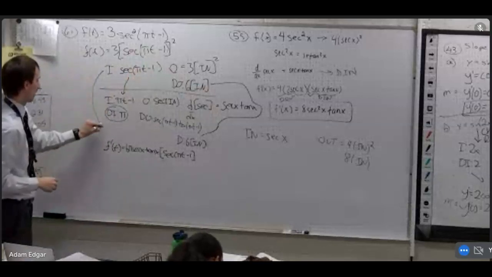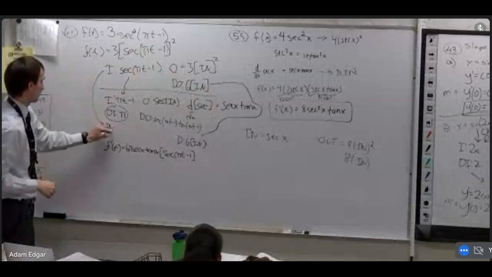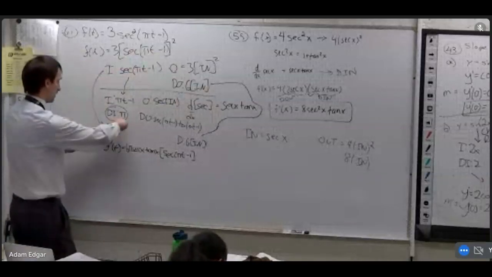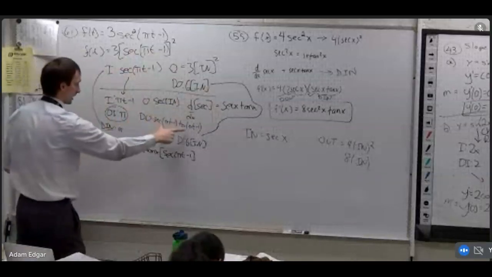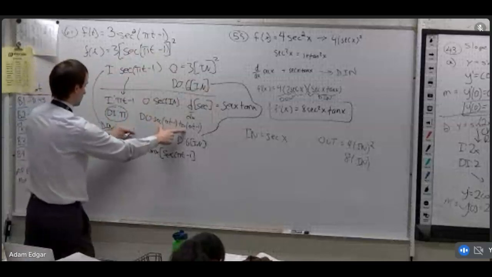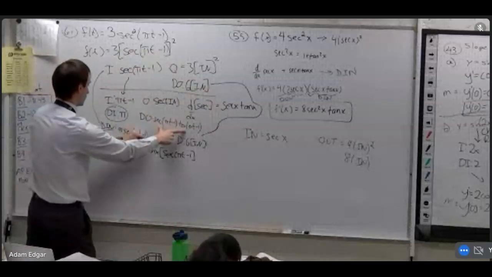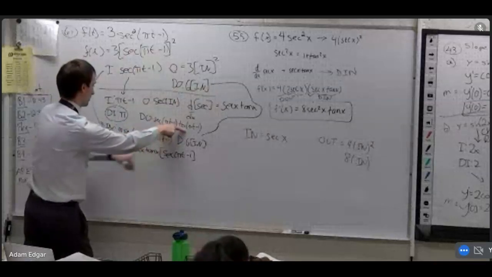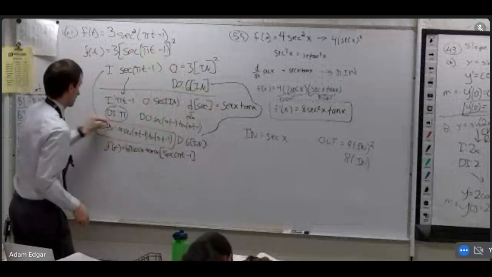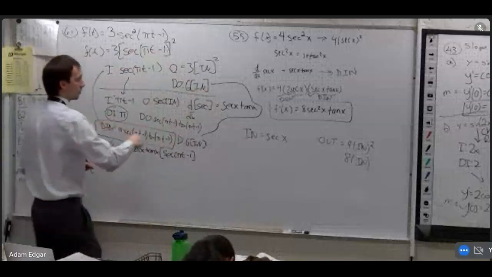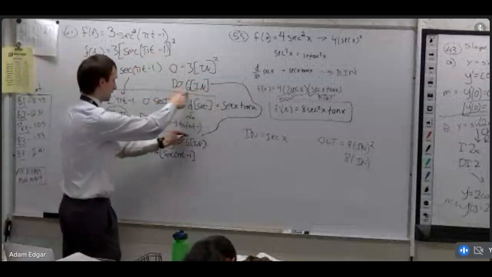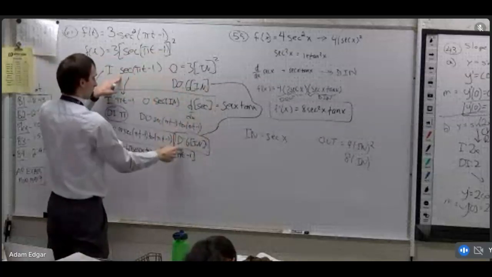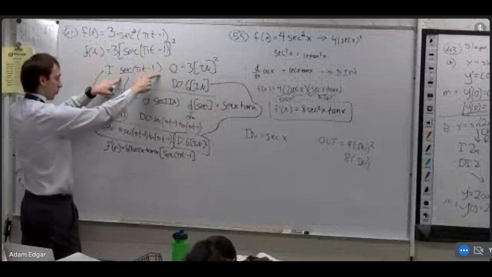So d in, this guy's derivative is pi times this stuff, secant of pi t minus 1 and tangent of pi t minus 1. And d out is 6 times the inside stuff, where this is the inside stuff. So we have 6 times secant of pi t minus 1.